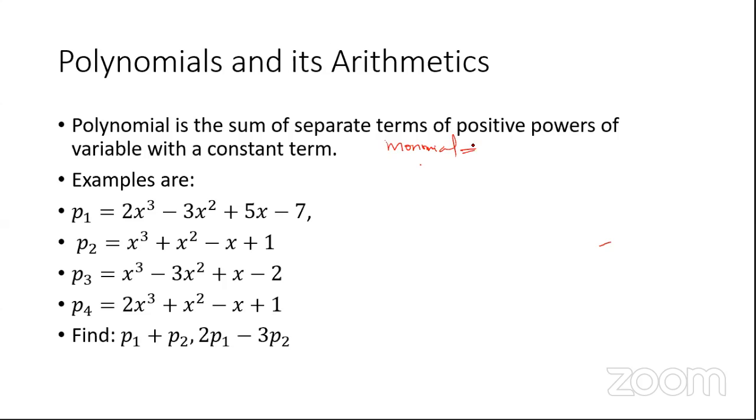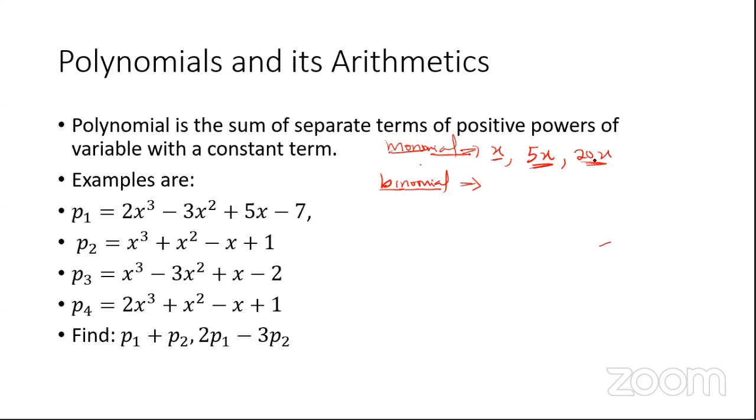X is a single term. This is a monomial. 5x is a single term. This is a monomial. 20x is a single term. This is a monomial. Mono is 1, nomial is number. From there, we also have what we call binomial. The bi there is talking about 2. Nomial is number. We have 2 different kinds of numbers.